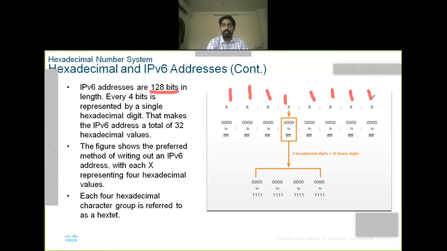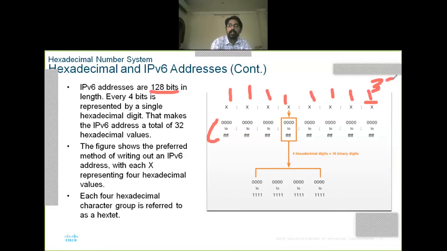In those 8 divisions we have hexadecimals starting from 0000 to FFFF, total 16 binary digits. 4 hexadecimal digits represent 16 binary digits. 16 into 8, so that makes an IPv6 address total 32 hexadecimal numbers, because total divisions were 8, 8 into 4, 32.